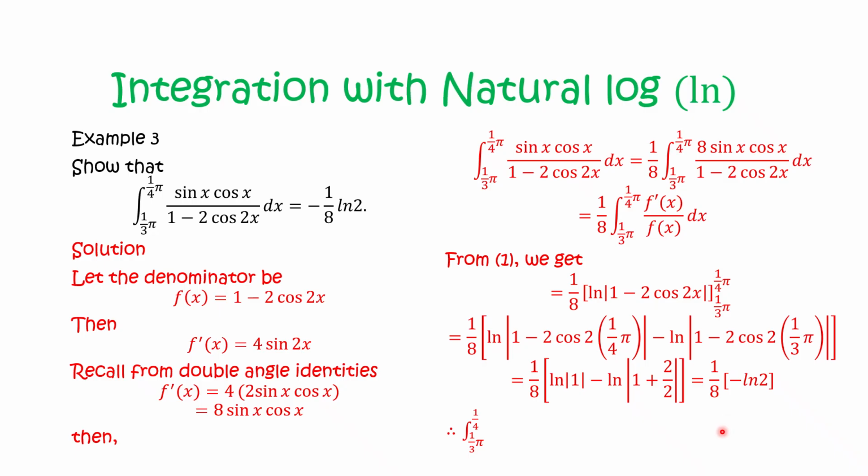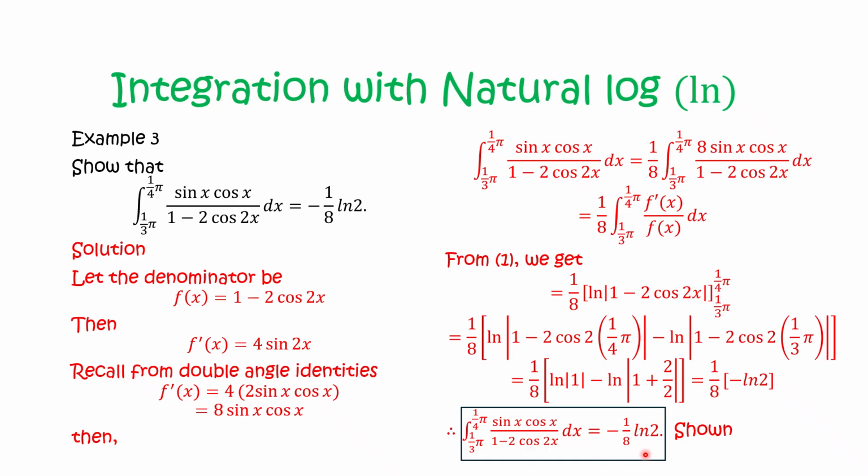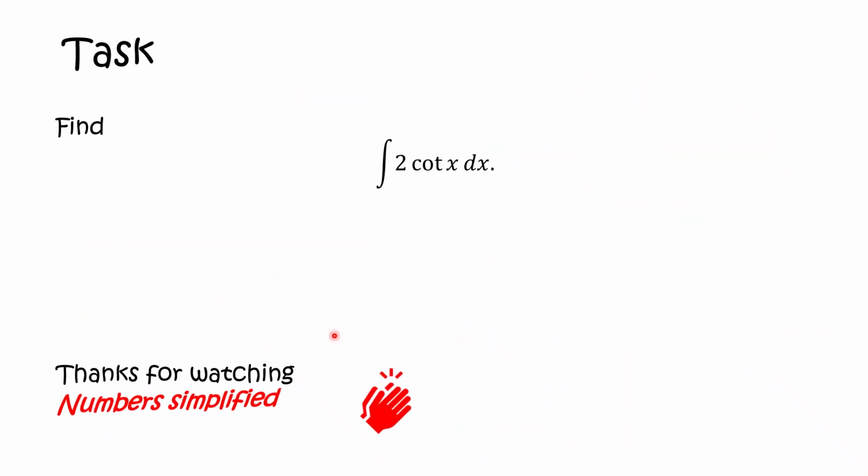So with that, we factor out the negative so that our answer comes out as what was given in the question. So we have managed to show that that was that. So that is shown now.